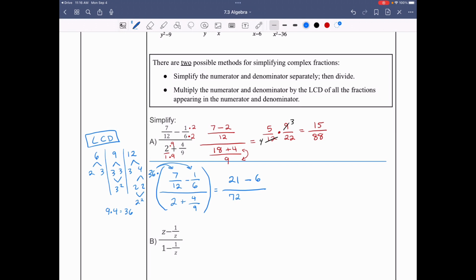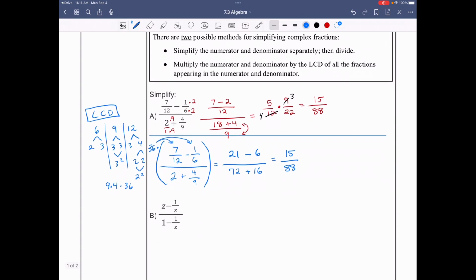I'm going to cancel the 36 and the 9. 9 goes into 36 4 times. 4 times 4 is 16. Now I'm just going to simplify this. 21 minus 6 is 15. 72 plus 16 is 88, and you can see that both of these are equal, 15/88ths, using both methods.